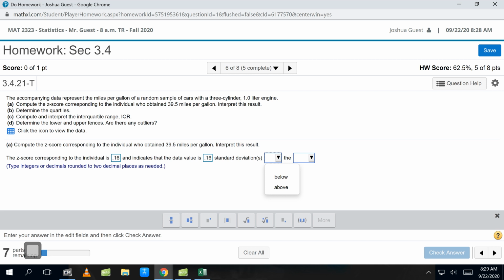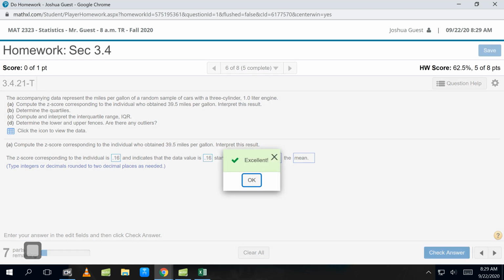What do you think? If the z-score is positive, is it above the mean or below the mean? Above. And you can also look at the value. Our mean was 38 something, and this value is 39 something, so it's above, right? Above the what? The mean. So let's check the answer. Excellent. All right.